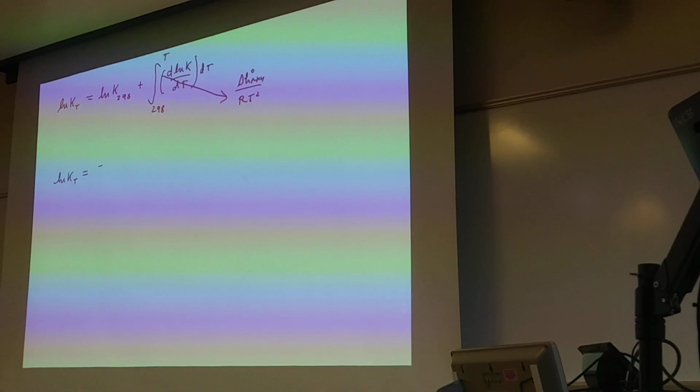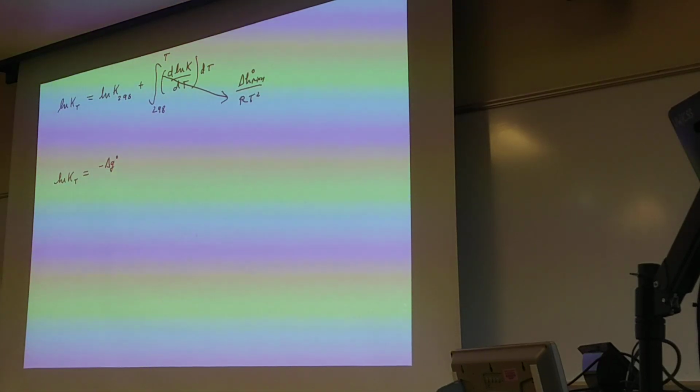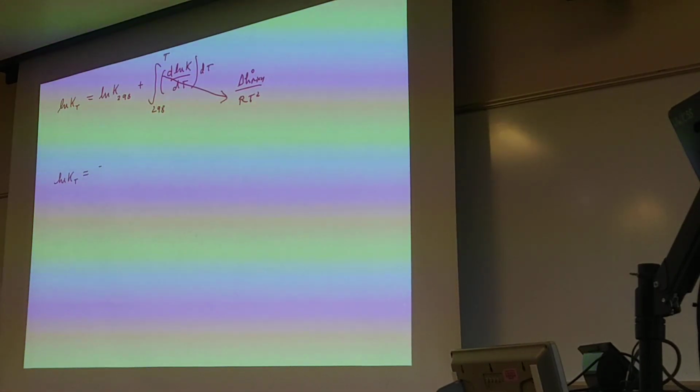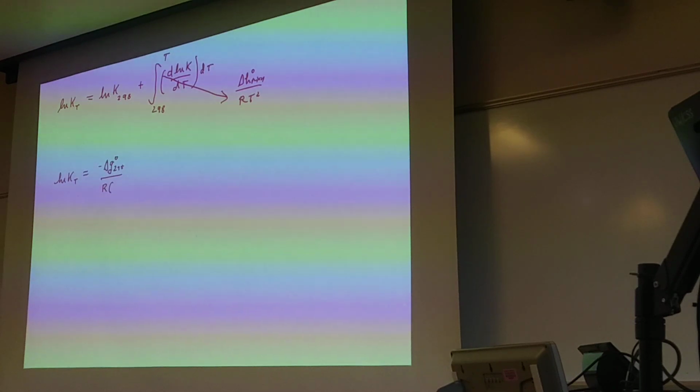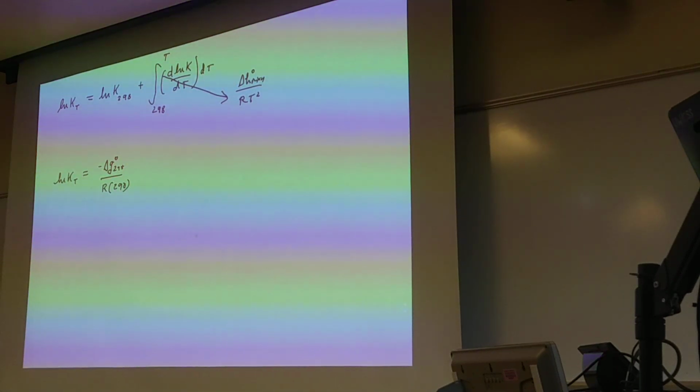It would be minus the standard Gibbs free energy change of reaction at 298 over R times 298. So that's what this is.